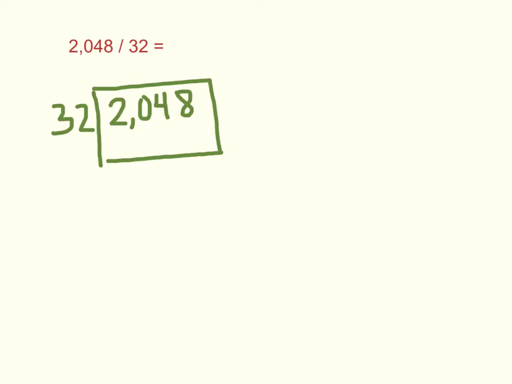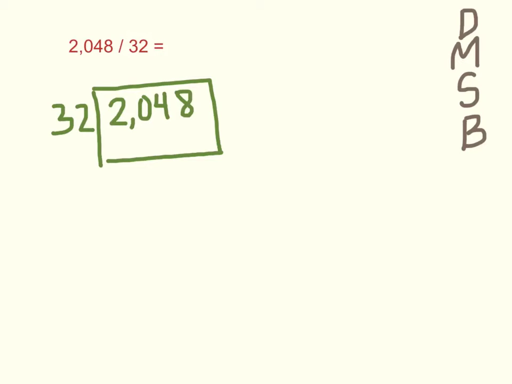Alright, now that we've talked about that, on the side of our paper, let's put the division algorithm: divide, multiply, subtract, bring down. Now remember, the division algorithm can sort of apply to this method, but there are some changes.